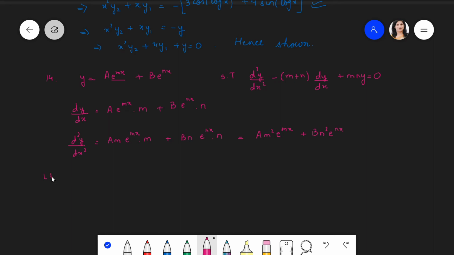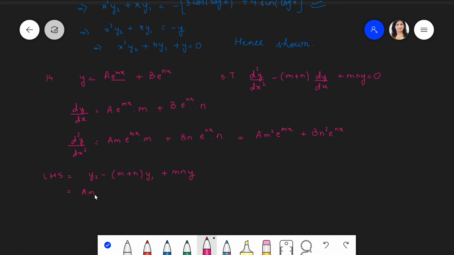So now we'll go back to the equation, the left hand side. Second order derivative minus m plus n times the first order derivative plus mn times y. This is what we'll find out. So let's put in all the values here.